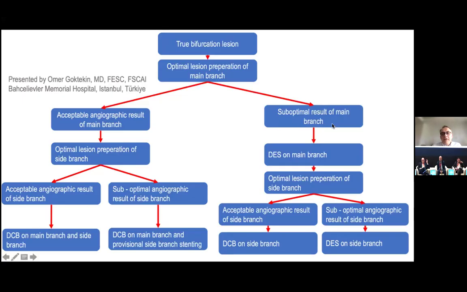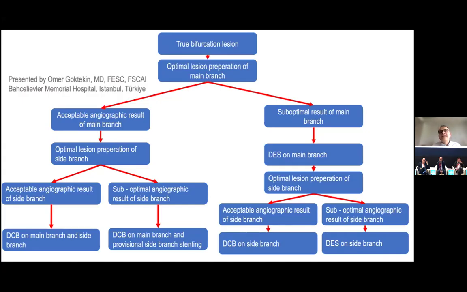If we have a suboptimal result of the main artery, so we didn't touch the side branch, we tried to do preparation of the main branch but the result is not optimal, we have dissection, we have recoil, everything, then we just treat the main branch with a stent. Then we are hoping to do hybrid, right?